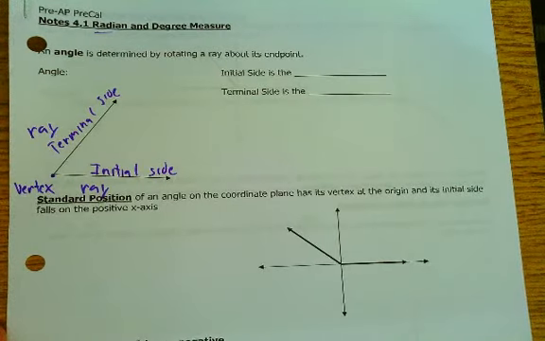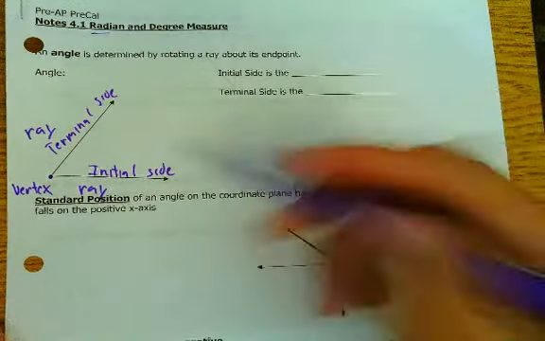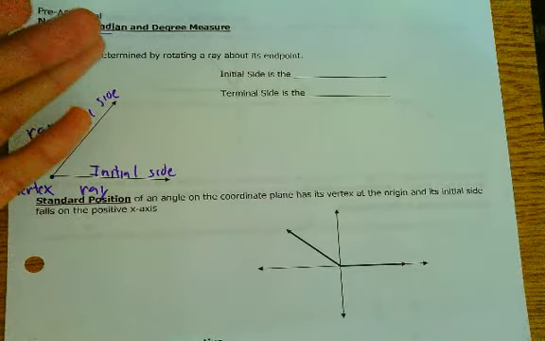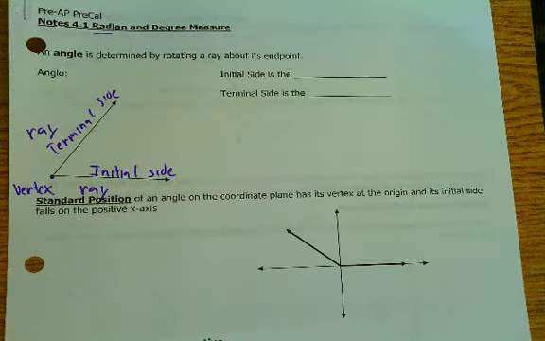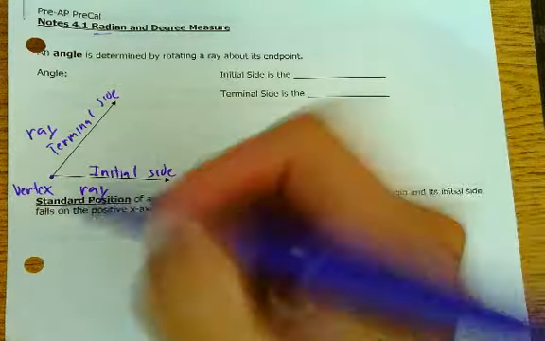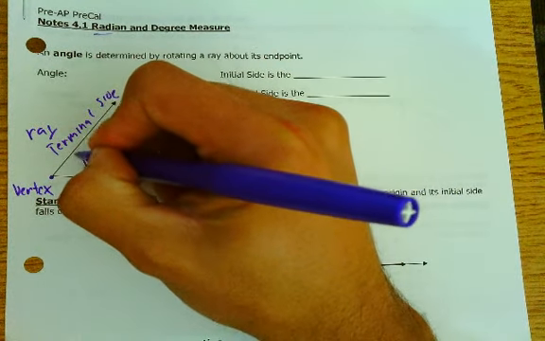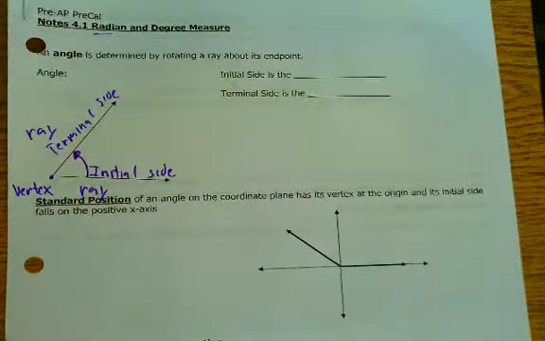Well, how is that important? Well, technically, do you guys see how I can actually switch them and be like, well, what if I want this to be the initial and this one to be the terminal? That is possible to do. But when you tell me that this is the initial side, you are telling me that you're starting here and you're measuring in that direction. That's what that means.